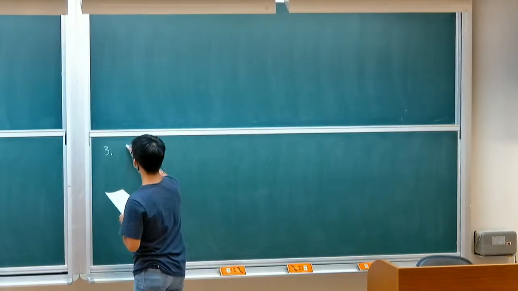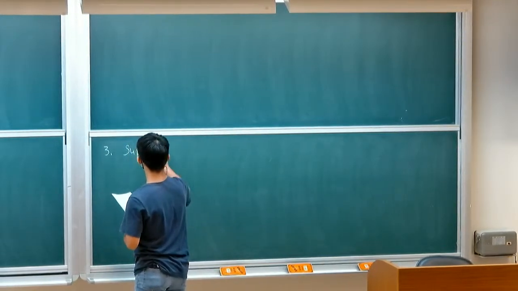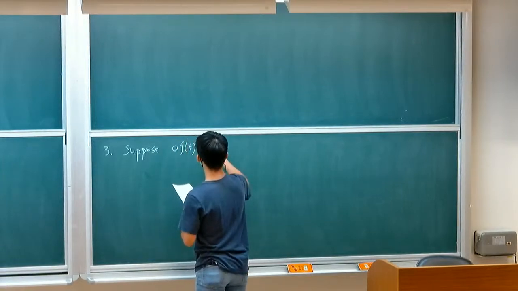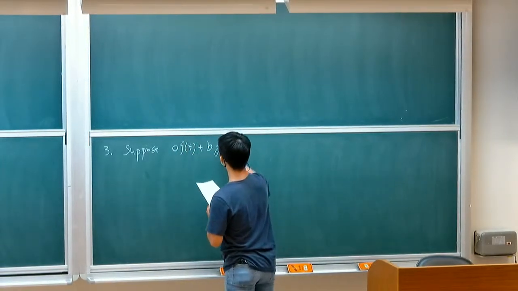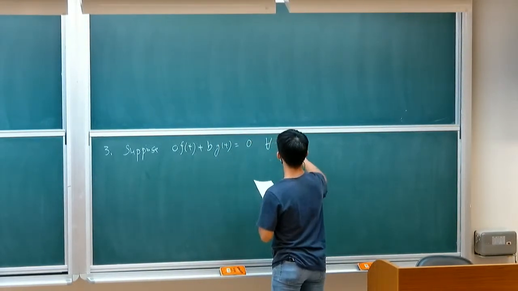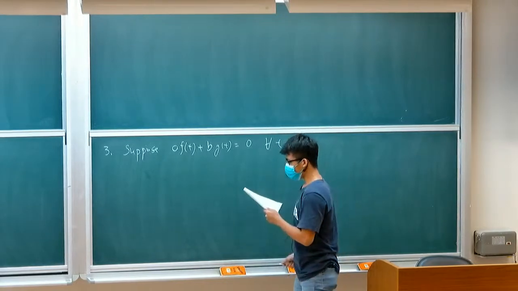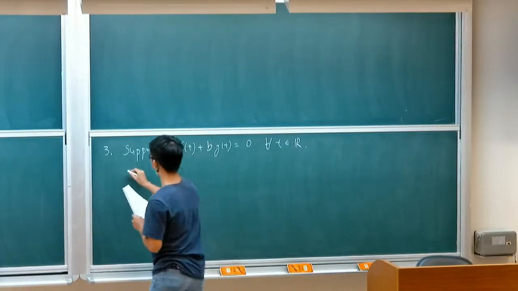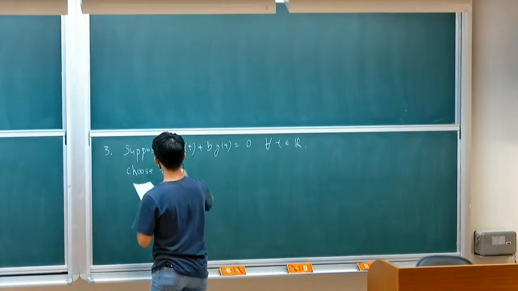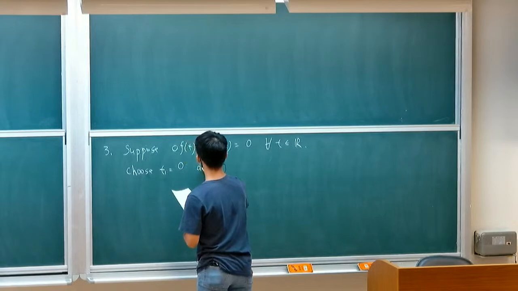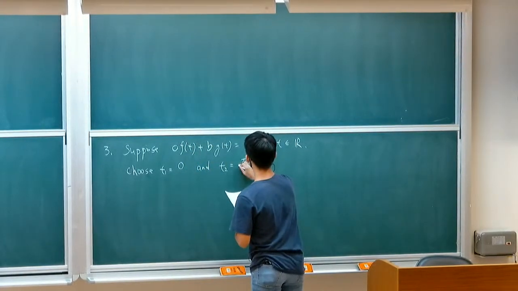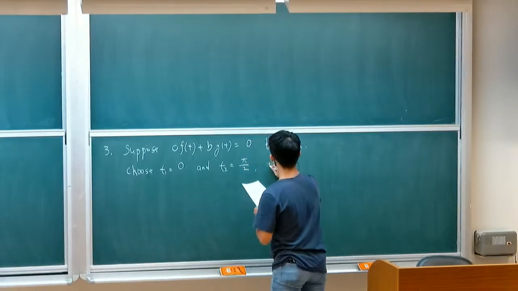First, let's suppose a f of t plus b g of t equals 0 for all real t. Then we choose t1 to be 0 and t2 equals pi over 2.